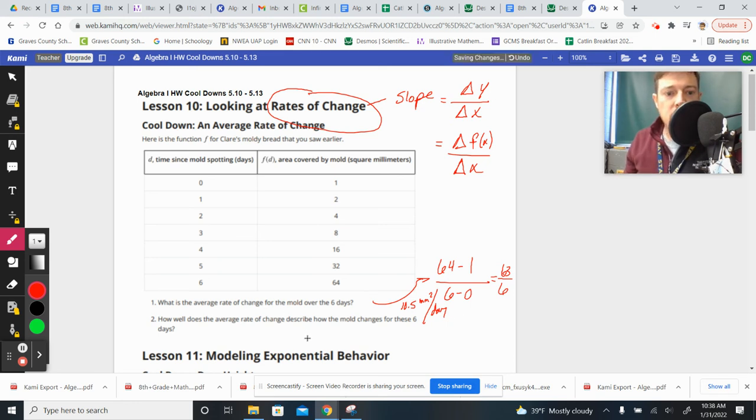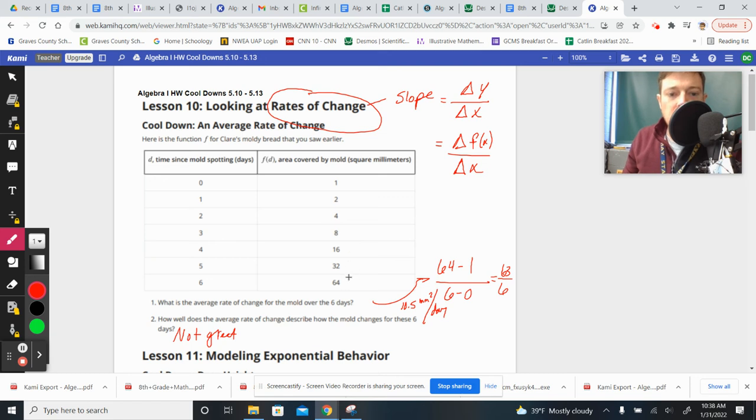How well does this average rate of change describe how the mold changes for these 6 days? Well, it's not a really good description. It's not great. 10 and a half per day is really going to overestimate all of your answers because you're going to be at like 11 and a half and then 20 and something and then 30 and something, then 40 and something and then 50 and something.